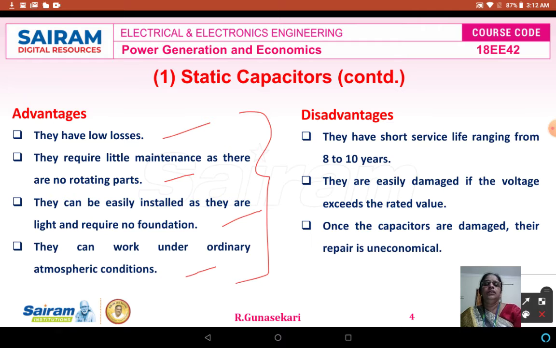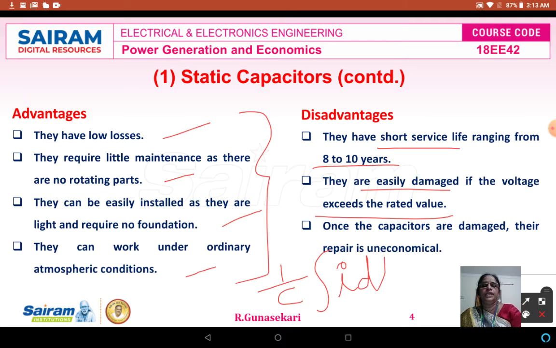Disadvantages: they have a short service life, ranging from 8 to 10 years only. They are easily damaged if the voltage exceeds the rated value. For a capacitor, the voltage drop is calculated by the formula V = 1/C ∫ I dt. So the capacitor always depends upon the voltage.